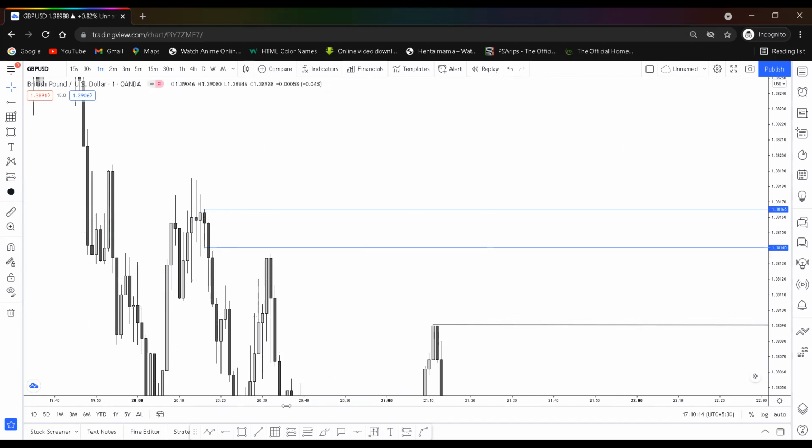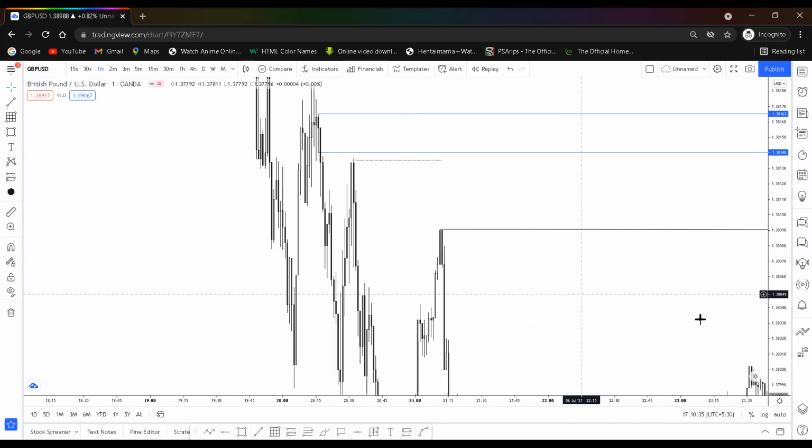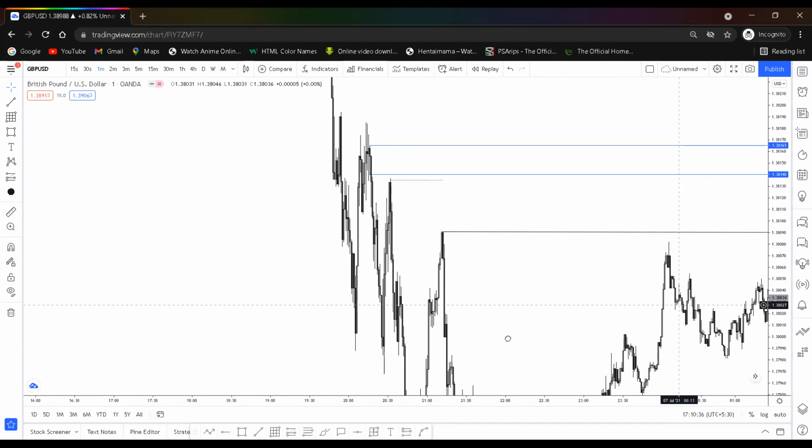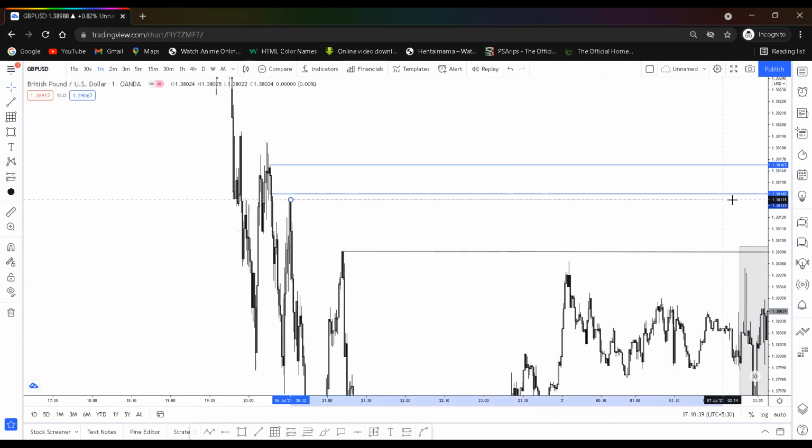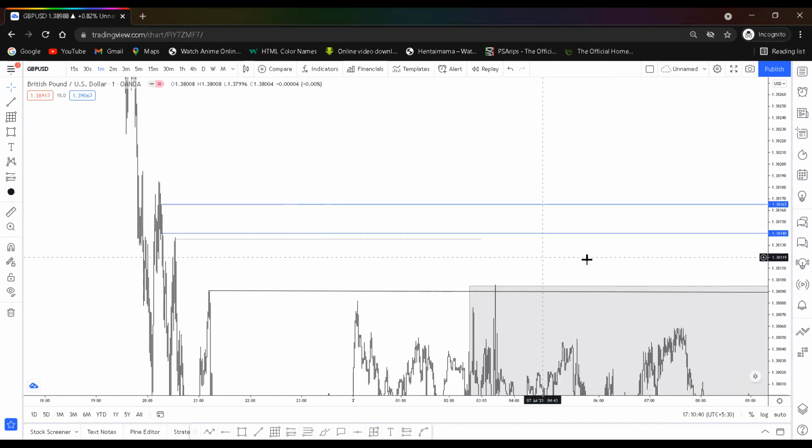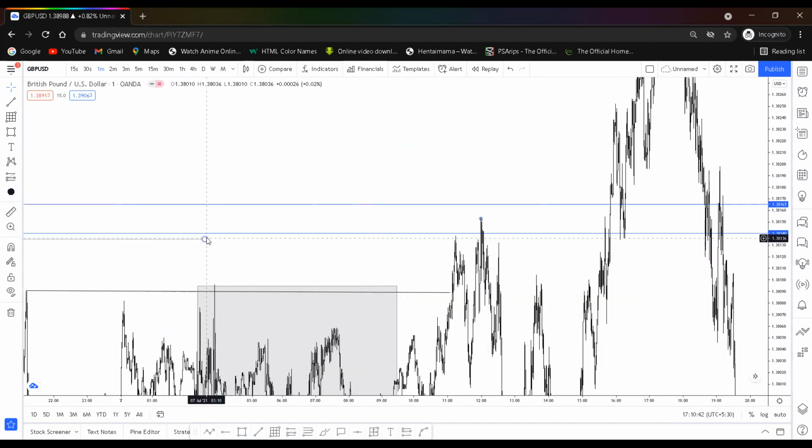Now we know what the trap is. This right here, 38137. That is a trap. You know why I call this the trap, right? It did not do anything significant. If it really came back up and completed this imbalance, we would have trusted this, but it did not do that. So until this trap is taken out, we can trade, because we know the intentions.